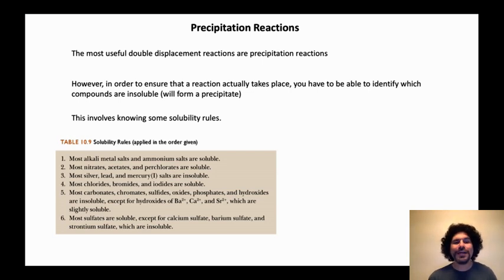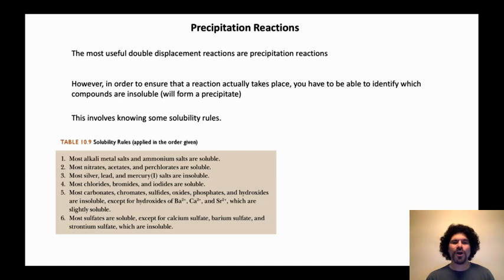Then rule 3, going to cations again, but now we're getting products that are metals. Silver, lead, and mercury salts are insoluble. And then rule 4, back to anions. Chlorides, bromides, and iodides, those are from group 17 on the periodic table, also known as the halogens. They are going to be soluble. And then rules 5 and 6 get into some others of the polyatomic anions.